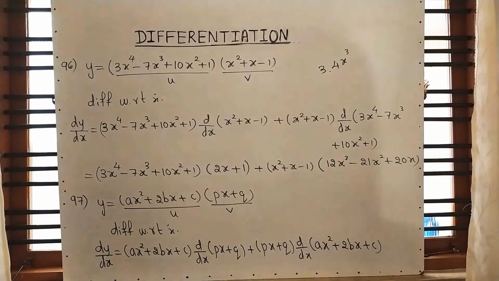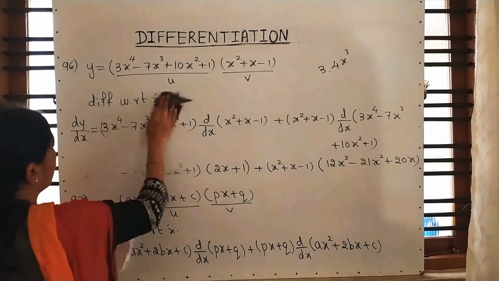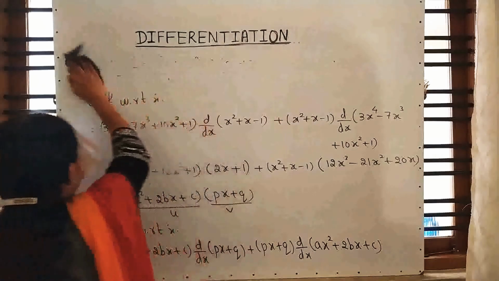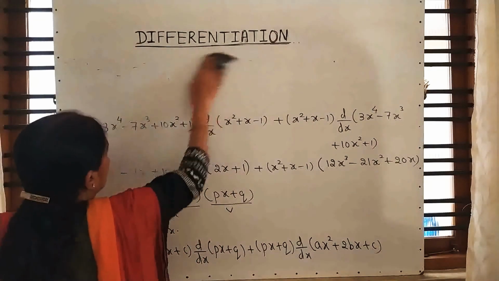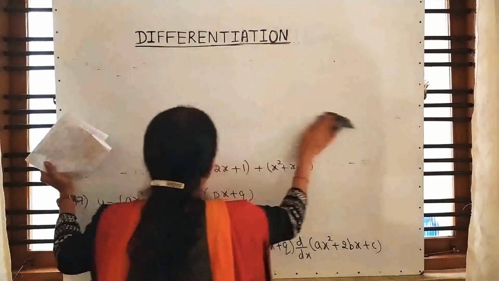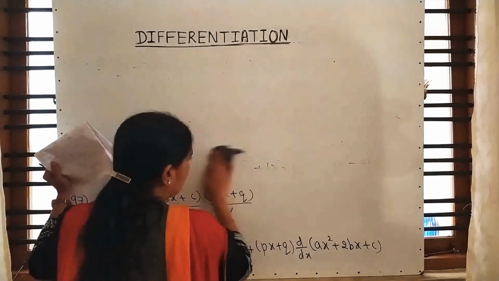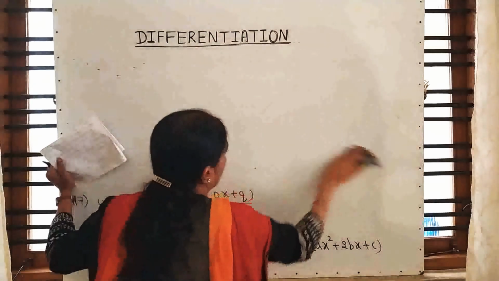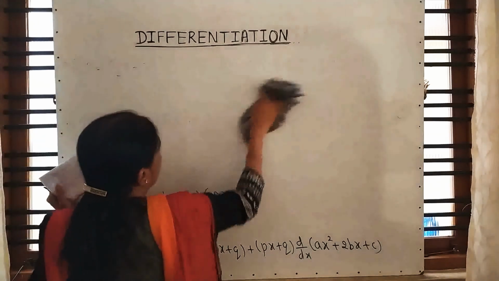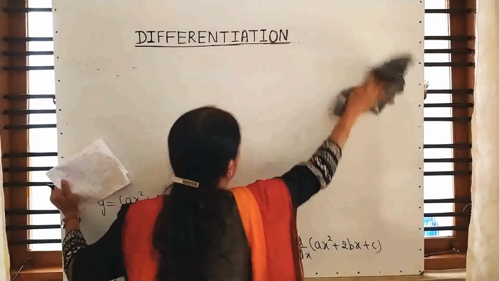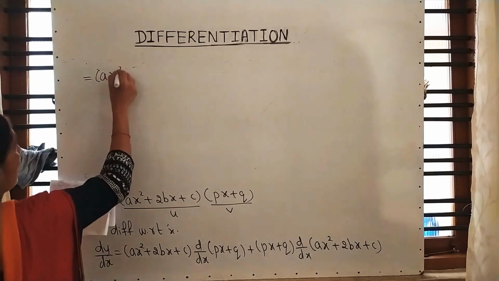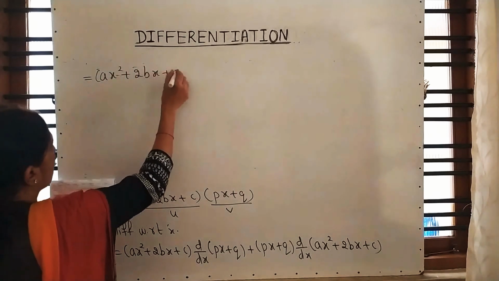This is a basic formula. So before differentiation, the term is as this: ax square plus 2bx plus c.